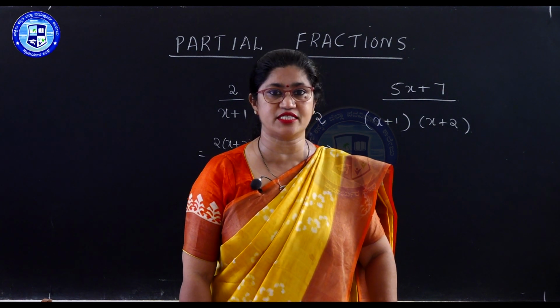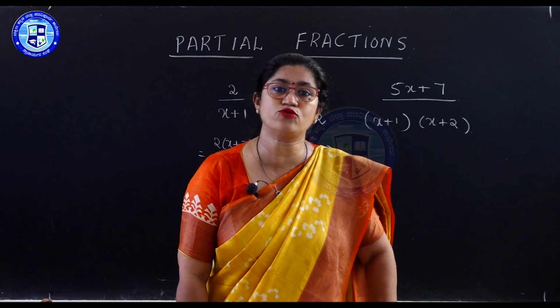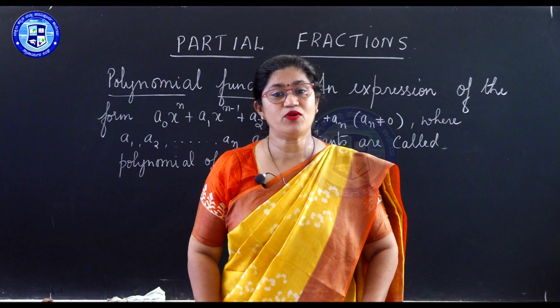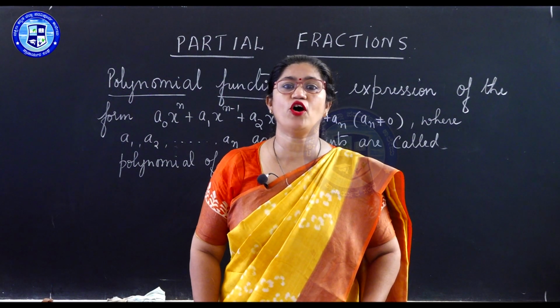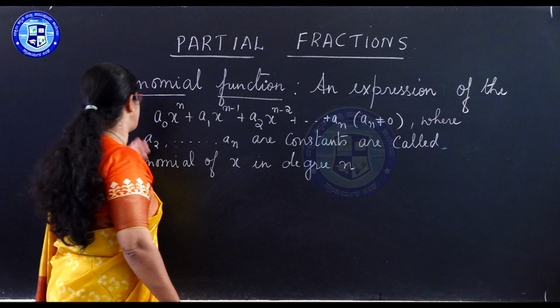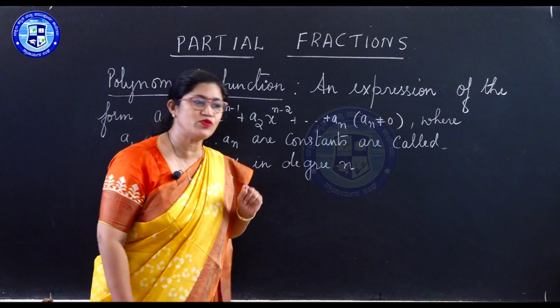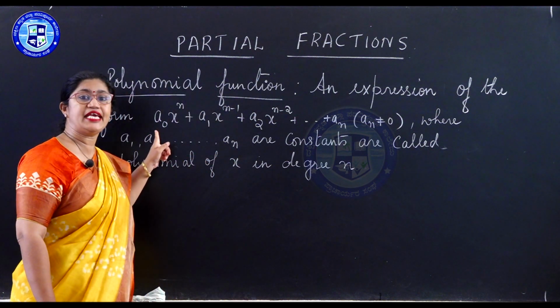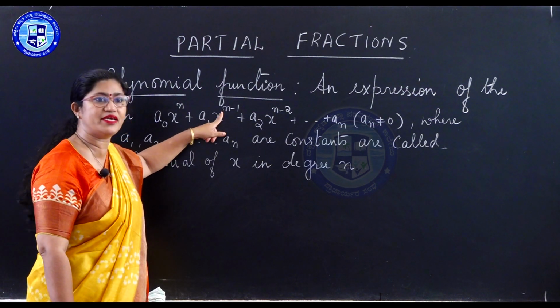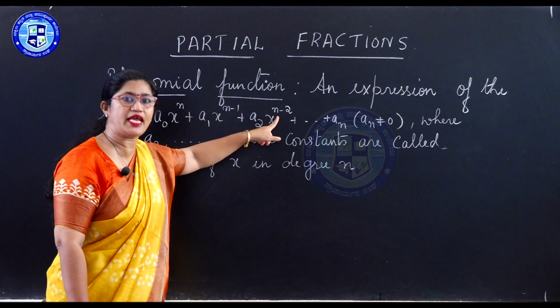Before I start this topic, I would like to explain a few concepts. Let us now learn what is a polynomial function. Just look at the definition. An expression written in the form a0 x to the power n plus a1 x to the power n minus 1, a2 x to the power n minus 2.